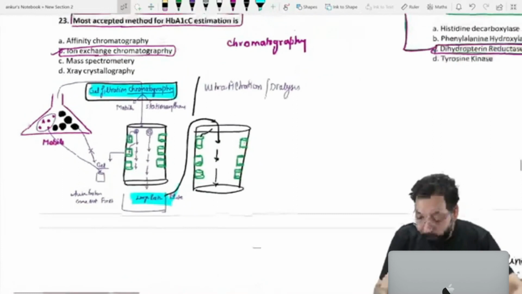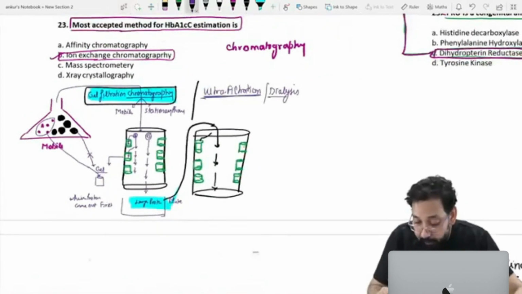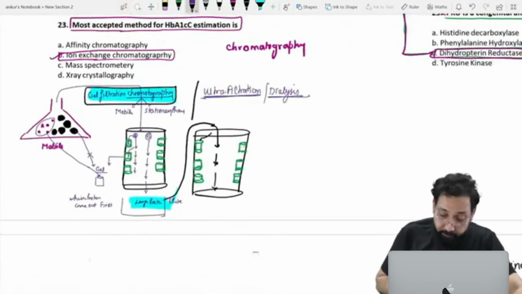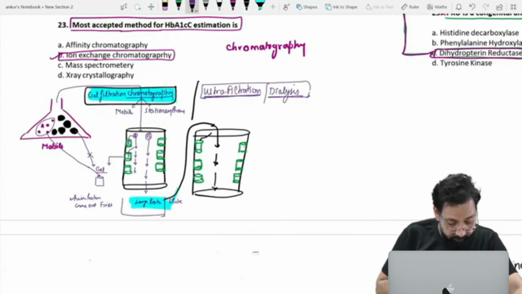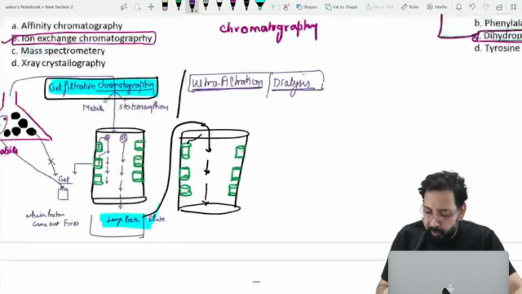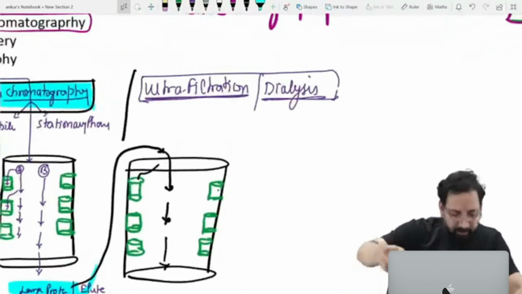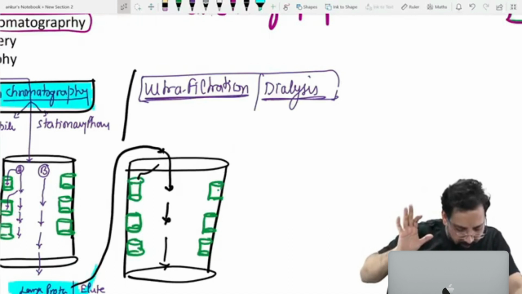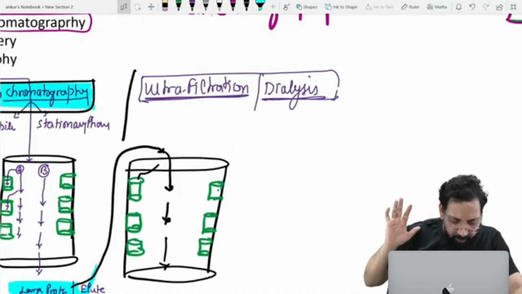Ultrafiltration and dialysis are different. Filtration is simple.